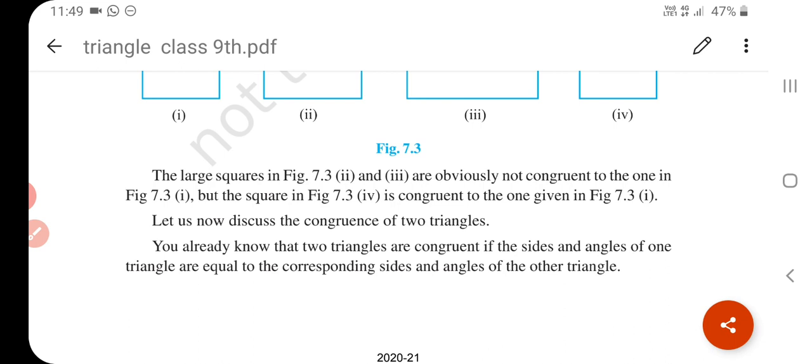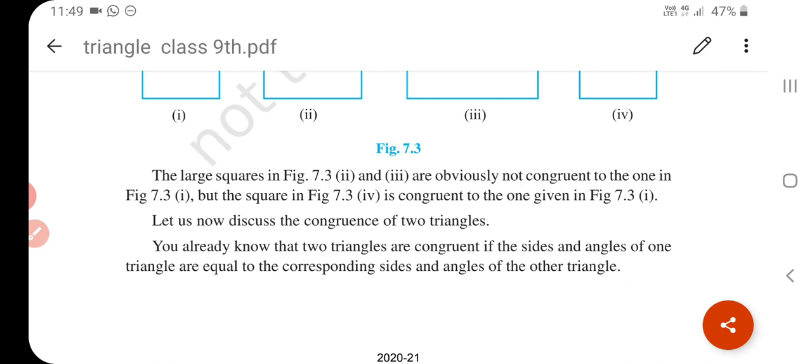According to the measure of their angles, we have also divided the triangle into three types: acute angle triangle, obtuse angle triangle and right angle triangle. Acute angle means less than 90 degrees. If all three angles are less than 90 degrees, it is called an acute angle triangle.